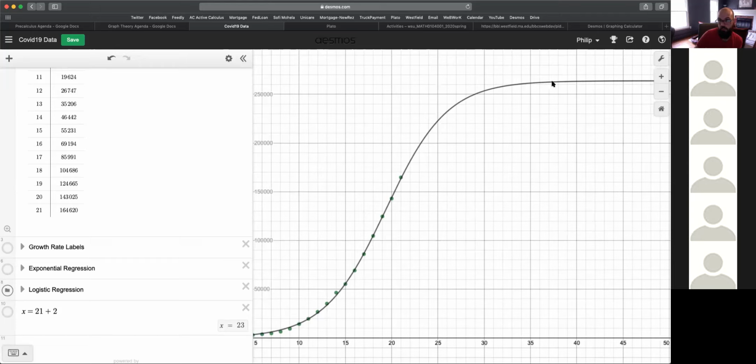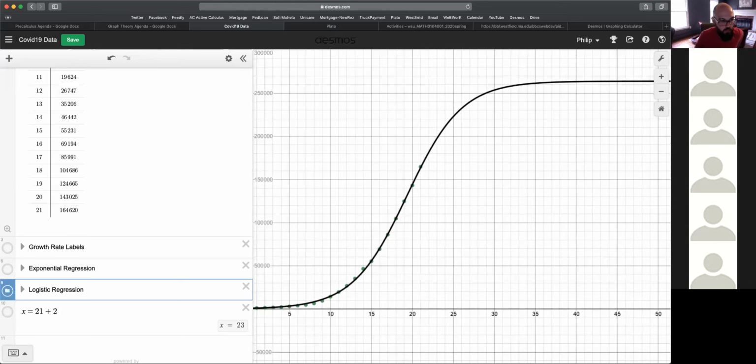So if this model is true and continues into the future, it's predicting that in about 3 weeks, towards the end of April, we'll start to see very few new cases continue to happen. So this is good. And this gives some insight, when you're seeing all these predictions in the news, into what the mathematics behind it is. And we learned some of that mathematics today, right?